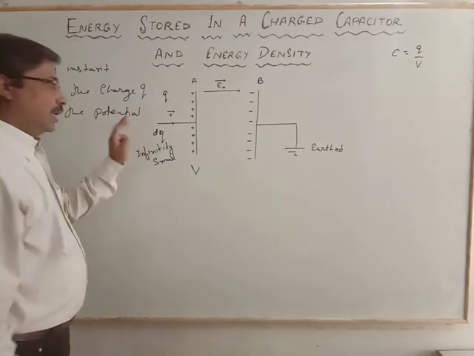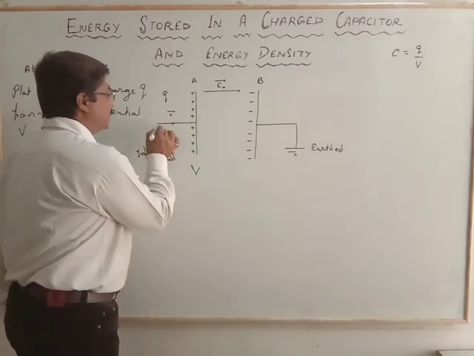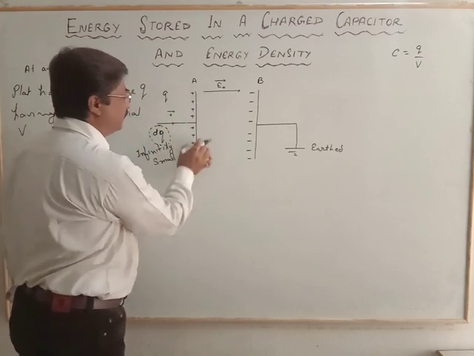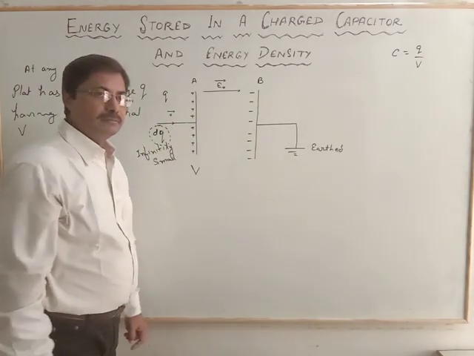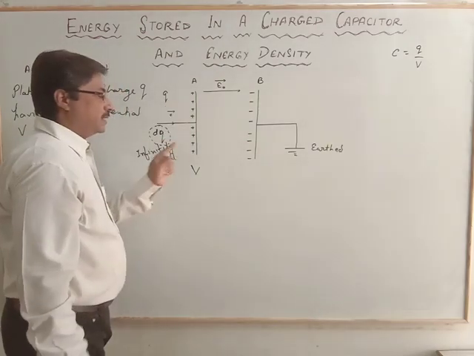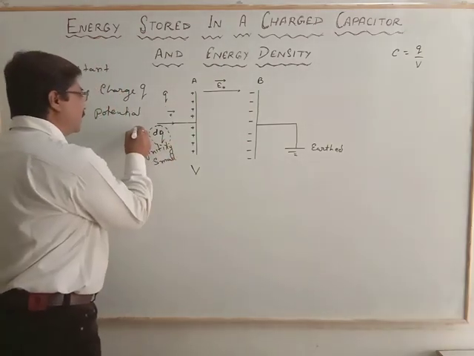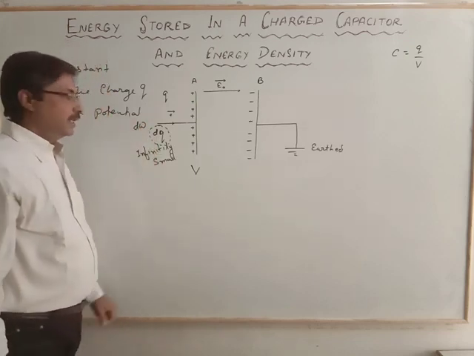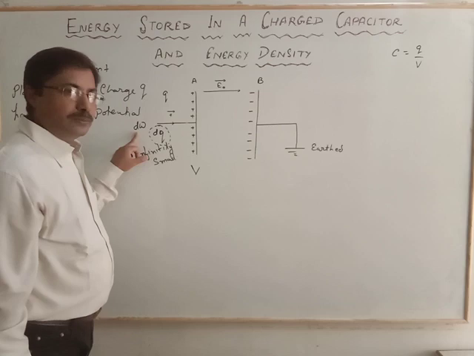Now again, this charge experiences some opposition due to the presence of a number of charges on the plate. So to bring the charge to the plate, some work is done, and that work is small since the charge is small, and that work is dW.